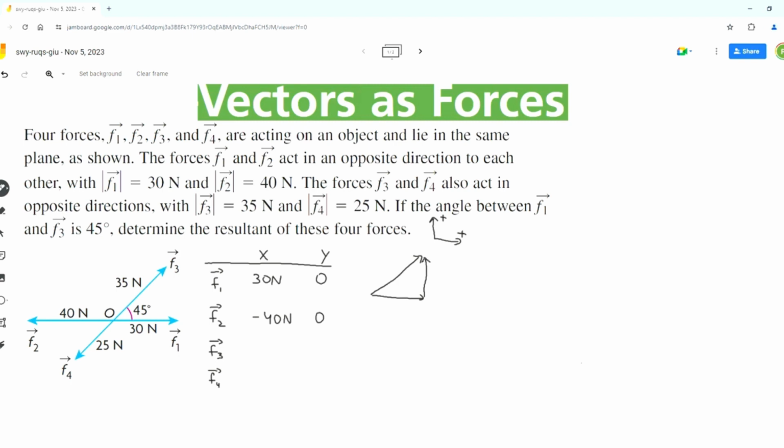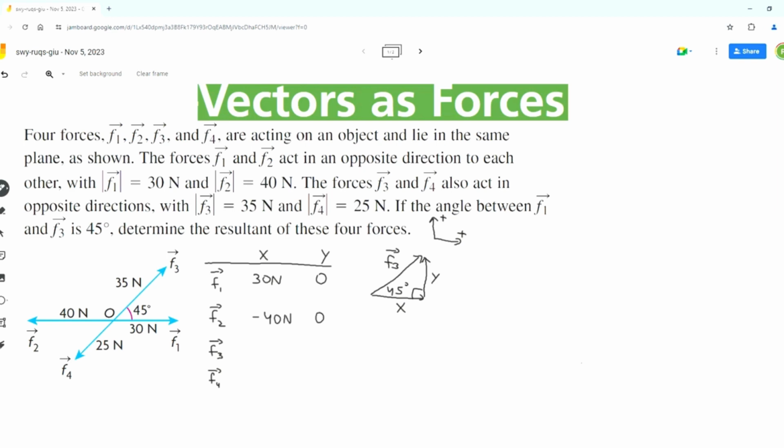The hypotenuse in this triangle is F3. The horizontal side is the x component. The vertical side represents the y component of F3 and the angle is 45 degrees. So we have to use SOHCAHTOA to find the x and y components of F3.